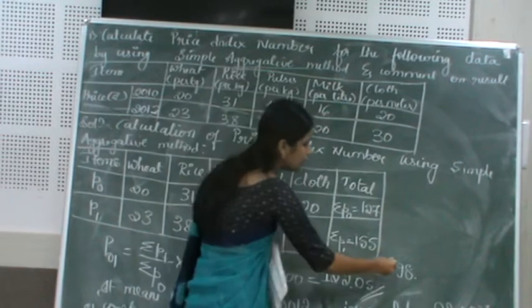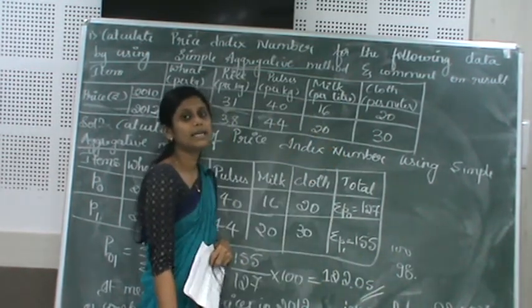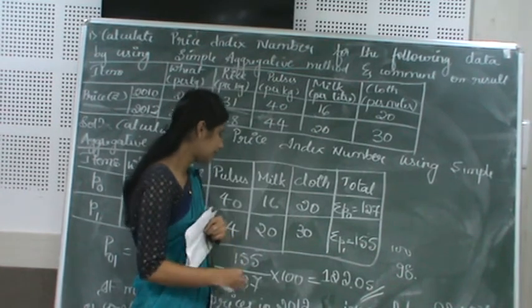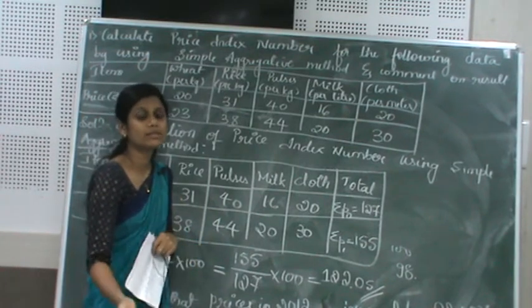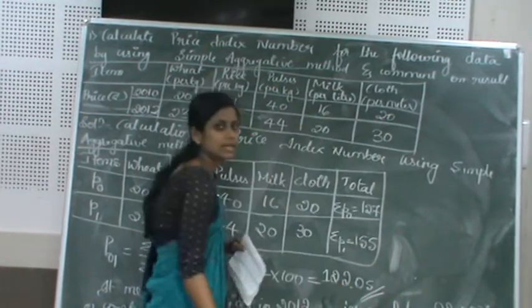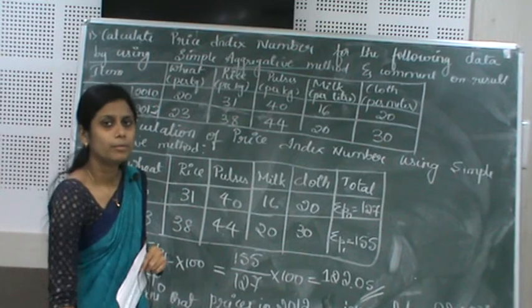How many percent? From 100, it is 2 points less. That's why you write that there is a decrease in the prices in 2012 by 2% when compared with base year prices. Like this you are going to solve the problem under simple aggregative method.